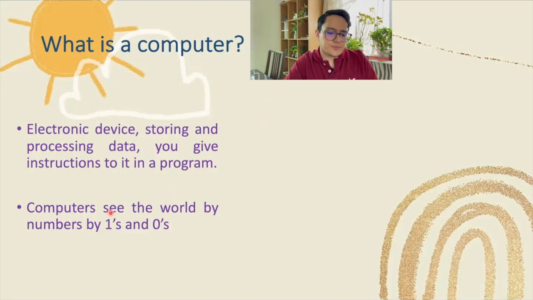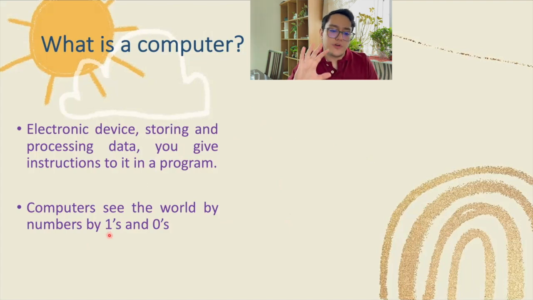So computers don't understand our language. So if I tell the computer, move the pointer, will it listen? No, it will not listen to me. But when I'm moving my finger on the mouse, it can understand that I want to move the pointer. But they will not understand our language.